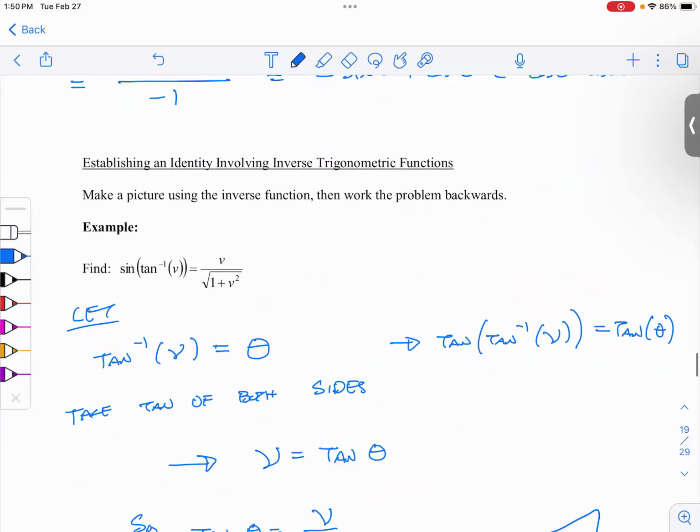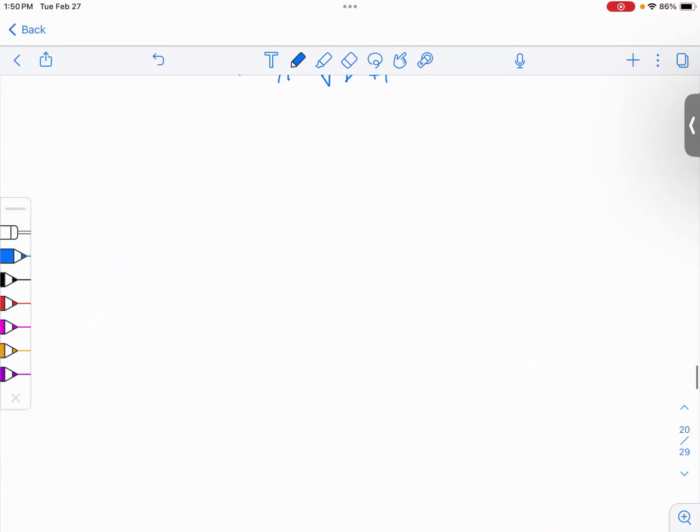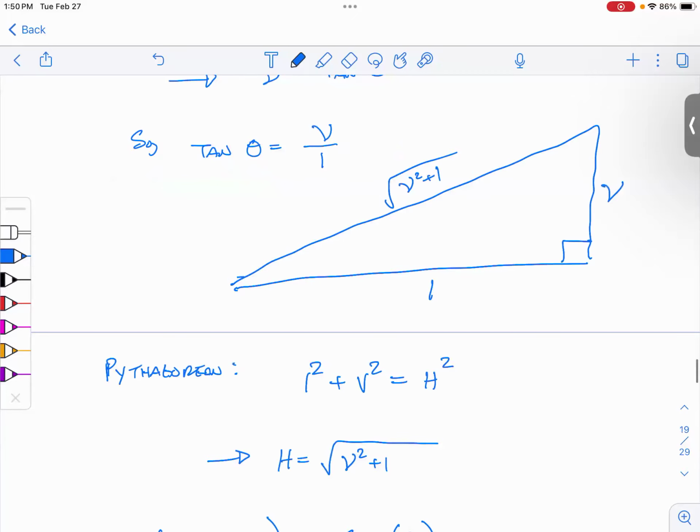Okay, back to what we were actually looking for. I just started with the deepest inside and was messing with that. But since we let theta equal tan inverse of V, and I was looking for sine of tan inverse of V, that means I'm actually looking for sine of theta. And I didn't actually put my angle on here.